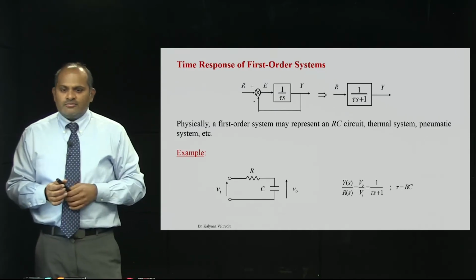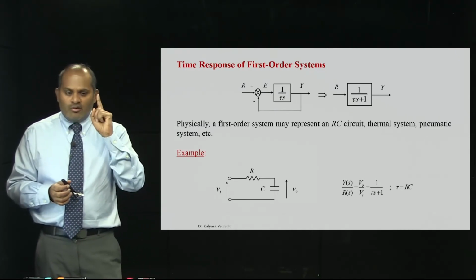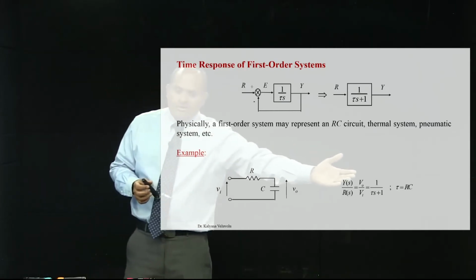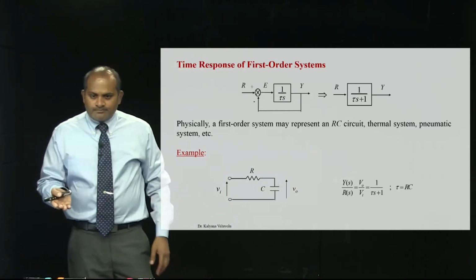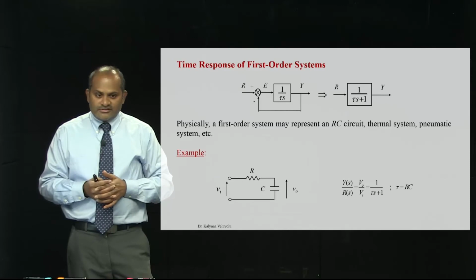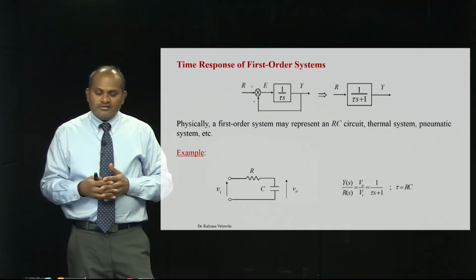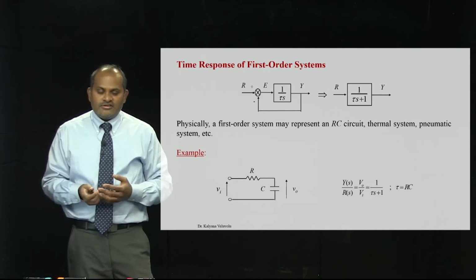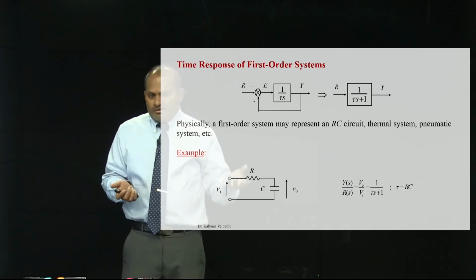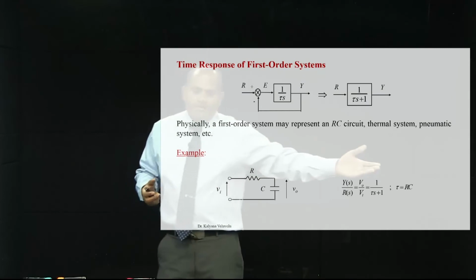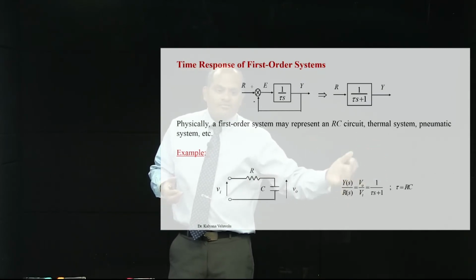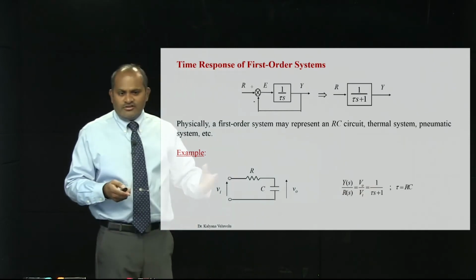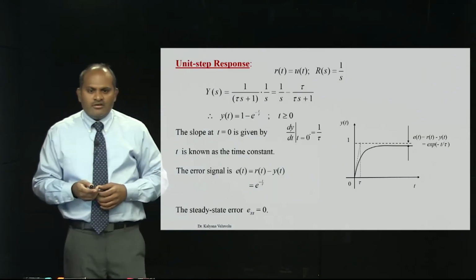In a first order system, we only have one constant, that is tau. When I modify tau, the system properties change. For different R and C, the filter time constant, you have different filter characteristics. If I change R or C, RC changes. As long as tau is the same, 1 by tau s plus 1, the model will remain the same. So, this is a nice first order system.